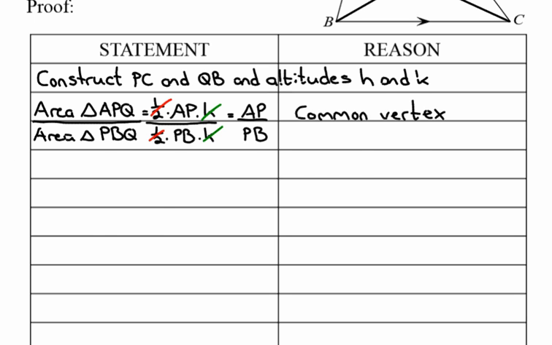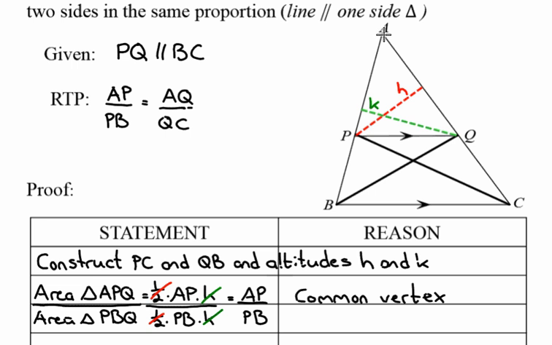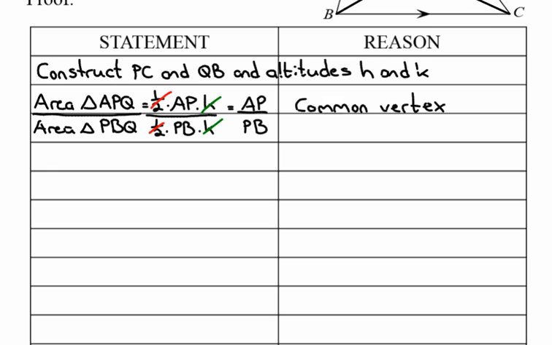Now I'm going to do the same thing, but this time I'm going to divide the area of APQ by the area of PCQ. Now notice those two triangles share the common altitude H. And the base of the first triangle is AQ, and the base of the second triangle is QC. So I'm going to do the exact same thing again. But now I'm going to say the area of triangle APQ divided by the area of triangle PCQ.